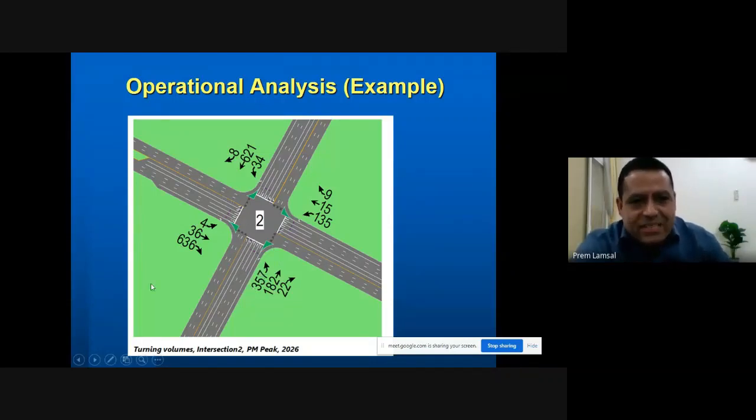So what I did is I brought all this data into a software called Synchro, which is used for the operational analysis of the intersection.